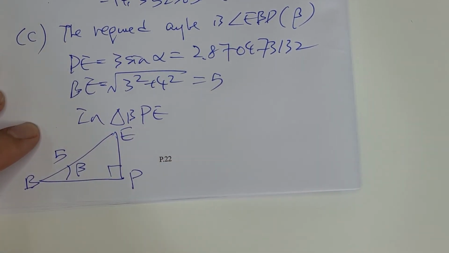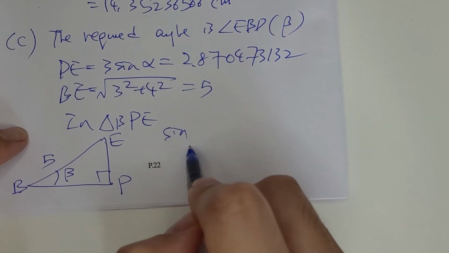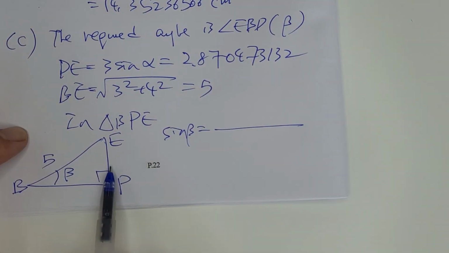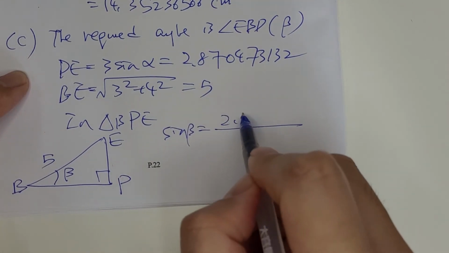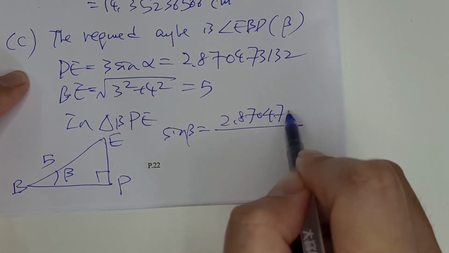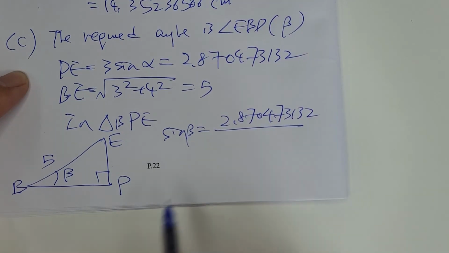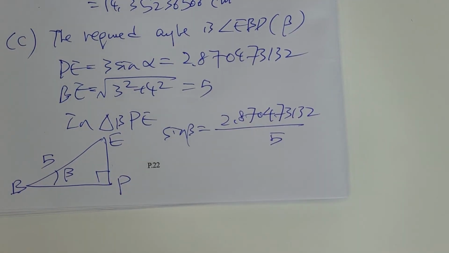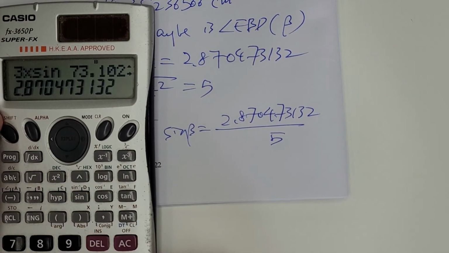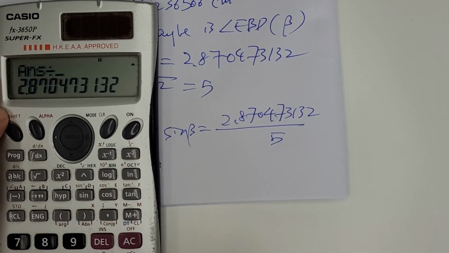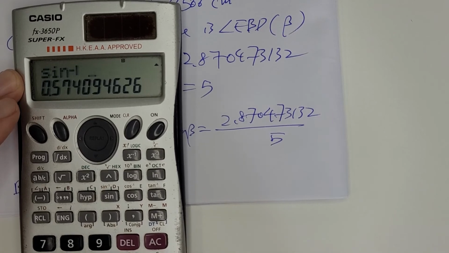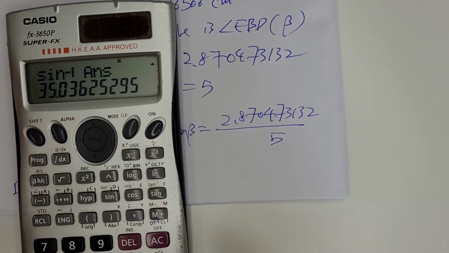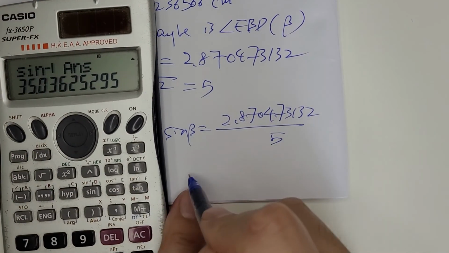Sine beta, actually that is equal to PE, that is 2.870473132 divided by 5. Then you can find beta. This answer divided by 5, shift sine, 35.0 degrees.